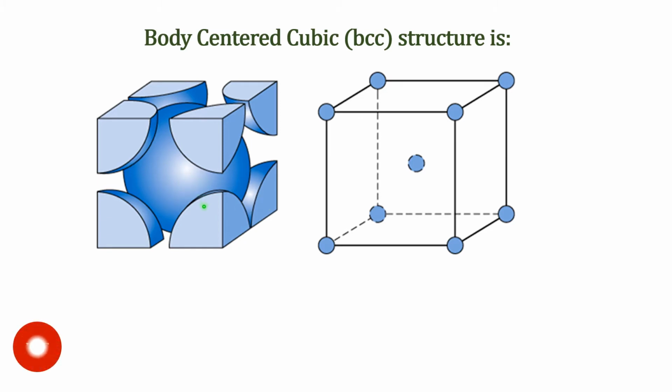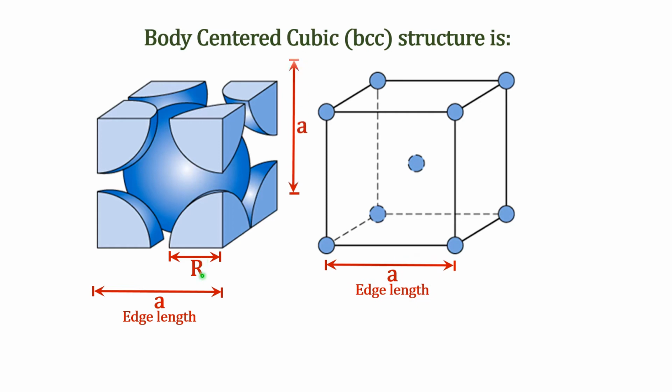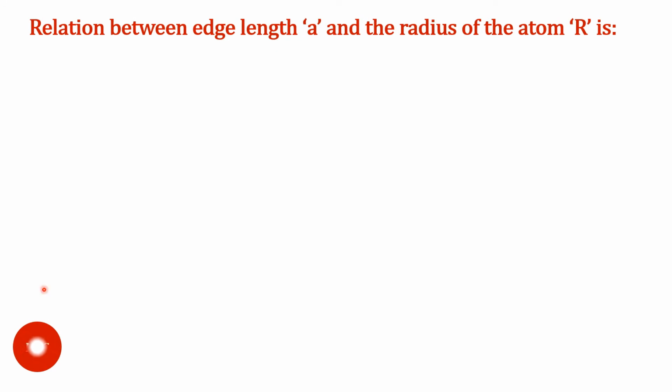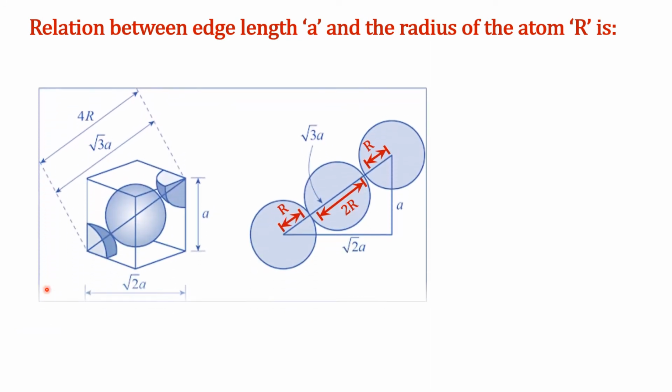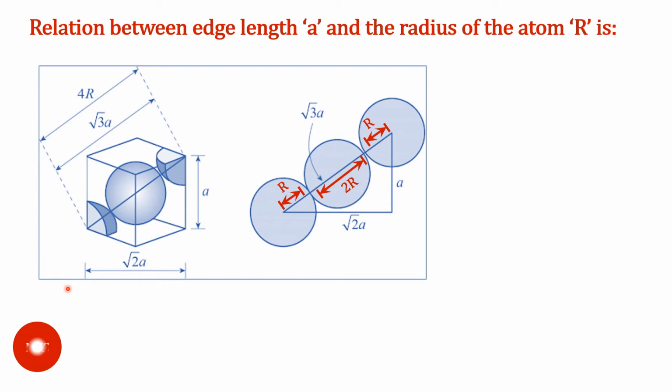The radius of the atom is denoted as R, whereas the edge length is denoted as A. The relation between edge length A and the radius of an atom R for the BCC structure is given here based on the geometrical arrangement.